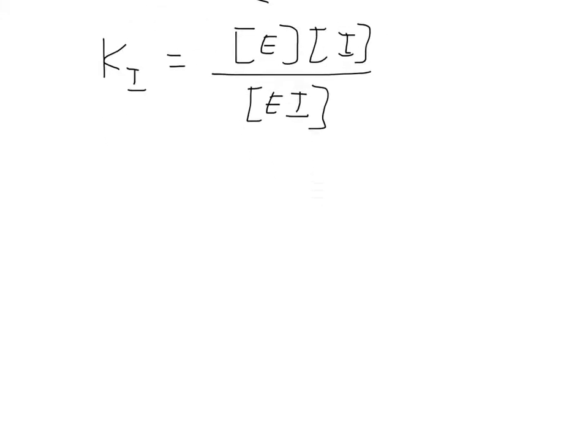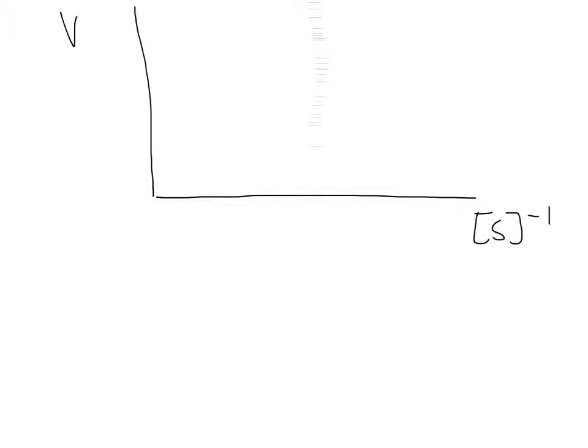What I'm going to do is draw a Lineweaver-Burk plot where we have the inverse substrate and the inverse velocity. We expect both of these to intersect at the same y-intercept, Vmax inverse.